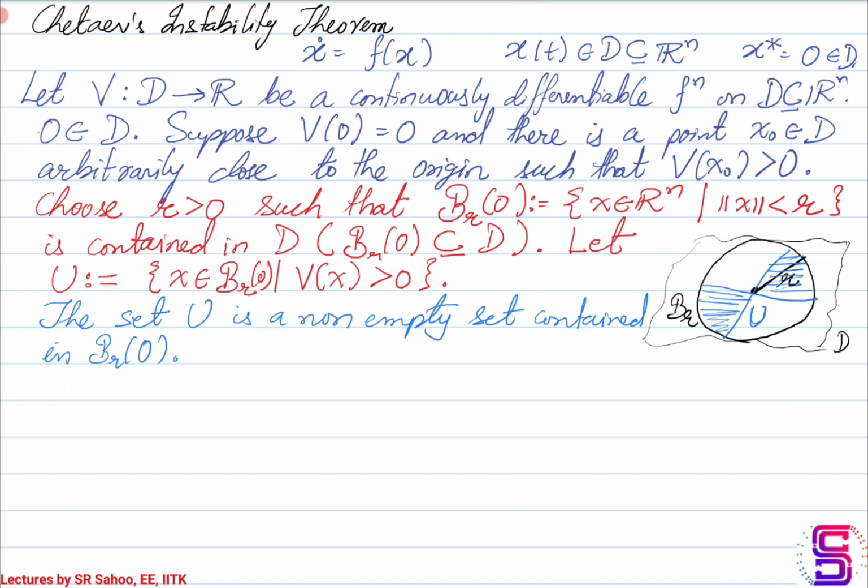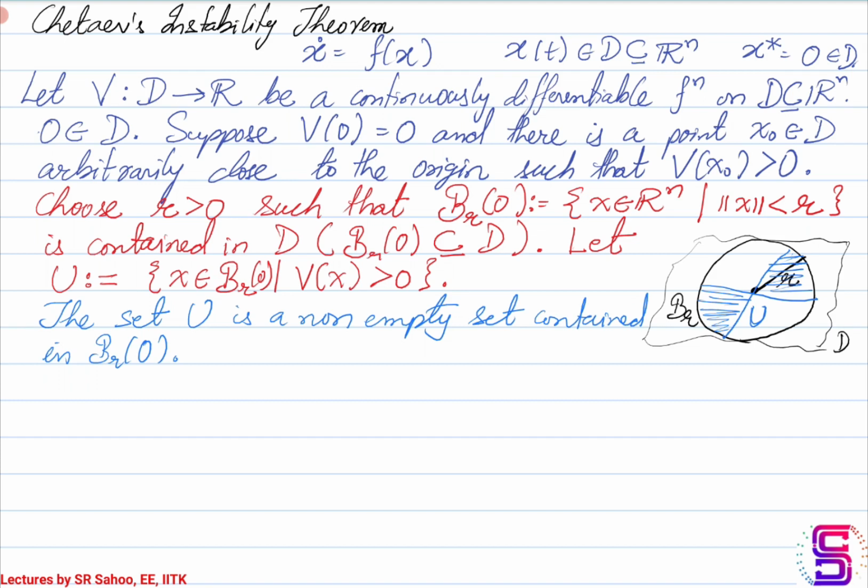Okay, so this is a non-empty set. Why? Because you have said that there is a point arbitrarily close to the origin where V of x0 is greater than 0. So there is at least one point in U. So U is not going to be an empty set.